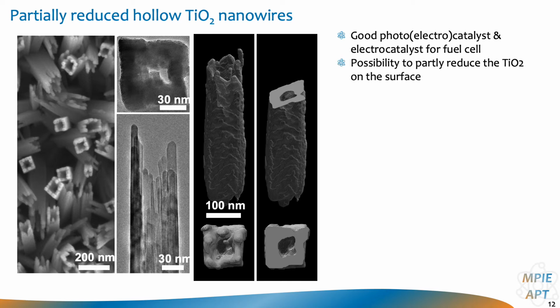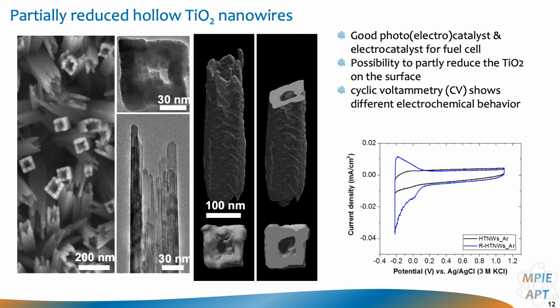So one of the challenges was to see whether we could analyze this in the atom probe, and these hollow nanorods can be partially reduced on the surface to change their electrocatalytic properties. So here is, for example, the cyclic voltammetry sweep, and you can see that the properties of the nanorods before and after the partial reduction is completely different.